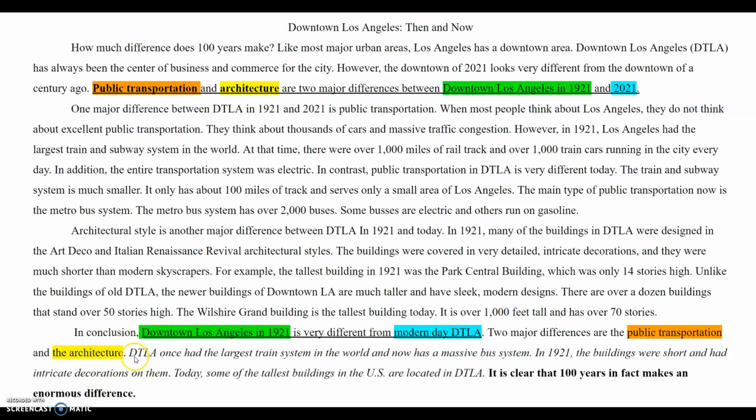This is followed by a summary of the main points of the body paragraphs in this essay. And the last sentence is a final thought, something interesting for your reader to think about.